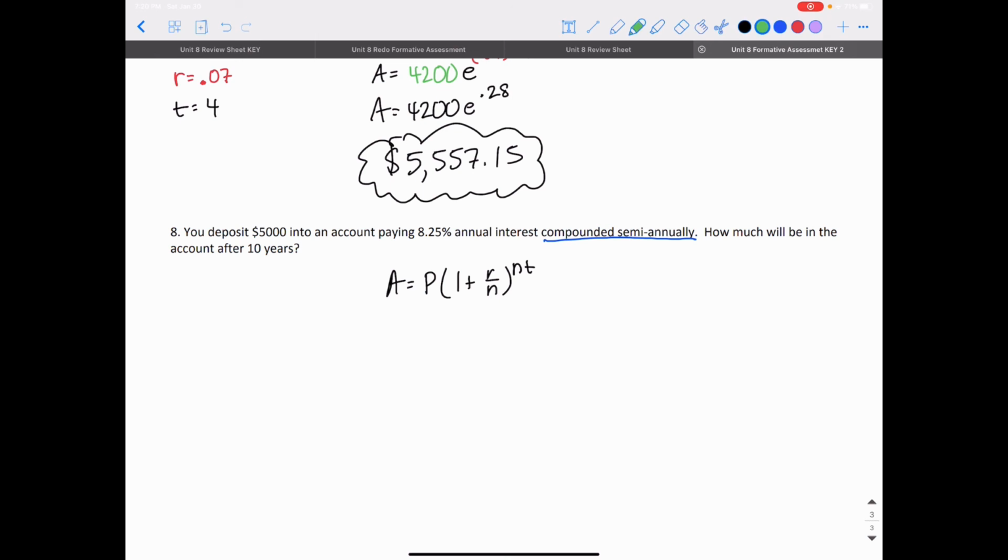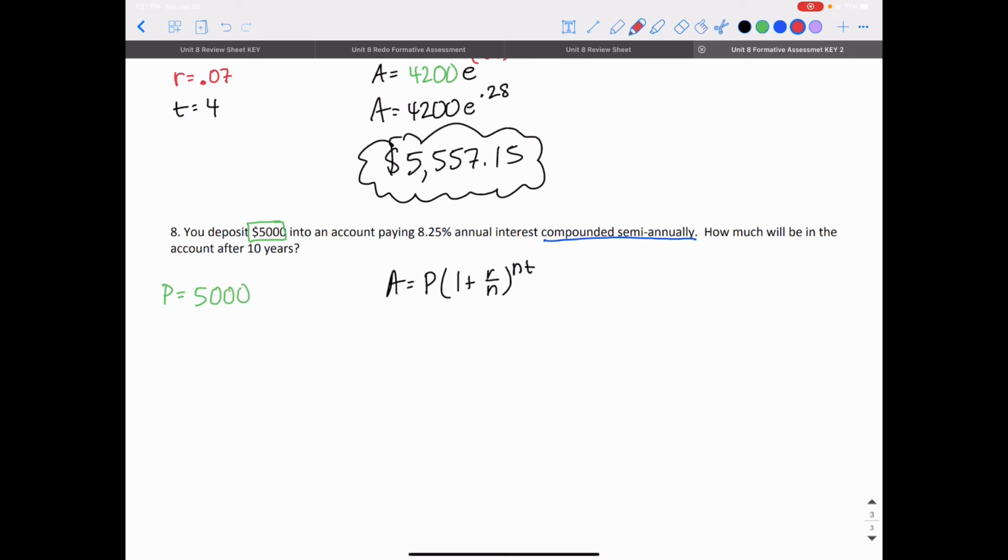The initial investment was what was given to me, $5,000 I deposited into an account. If it says deposit, if it says initial, if it says investment, it's my principal. Principal is, in this case, $5,000.